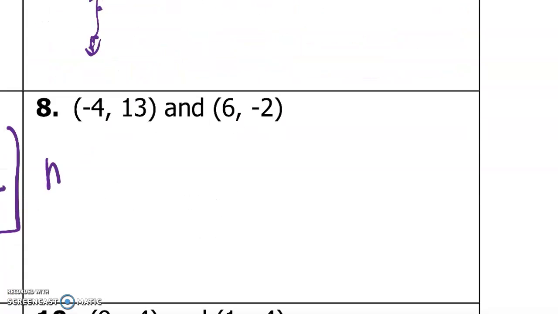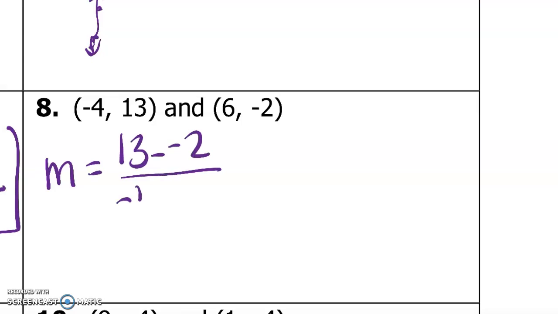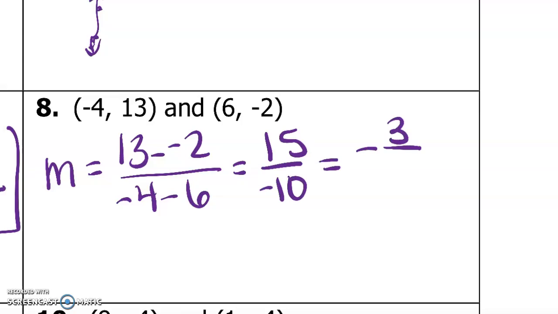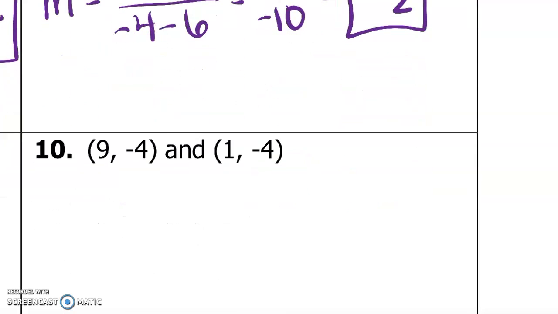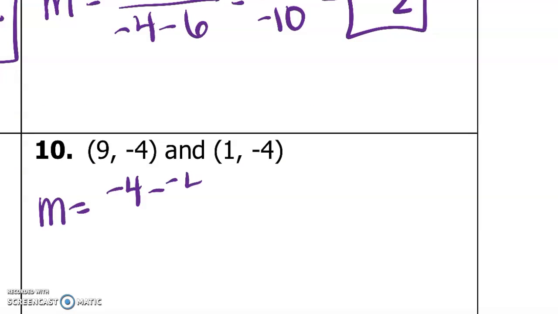Number 8, m equals 13 minus negative 2, negative 4 minus 6. That gives us 15 over negative 10. Divide those both by 5, and negative 3 over 2 is what your final answer would be. Number 10, m equals negative 4 minus negative 4, and then 9 minus 1.